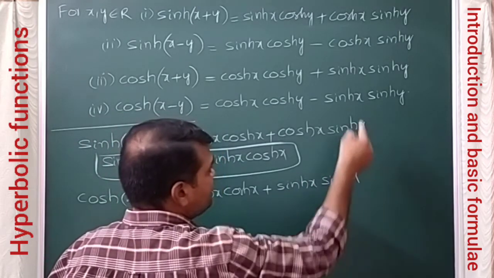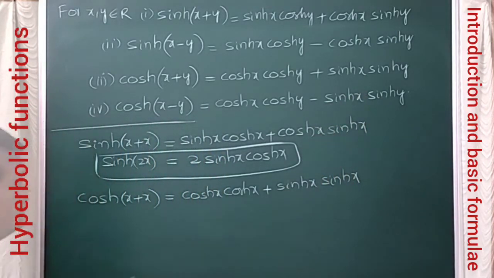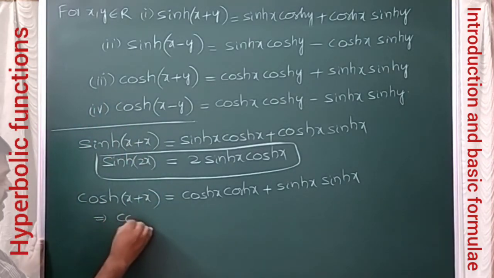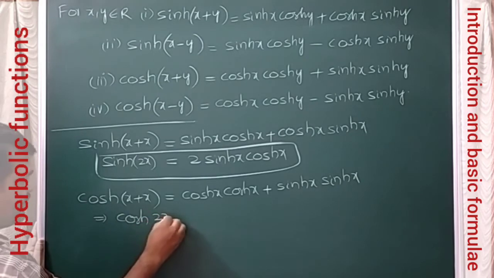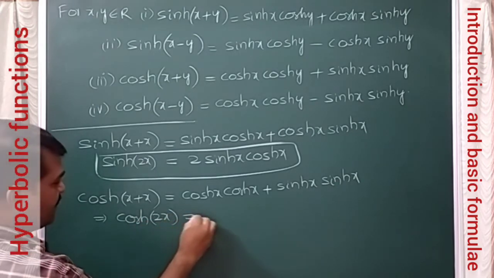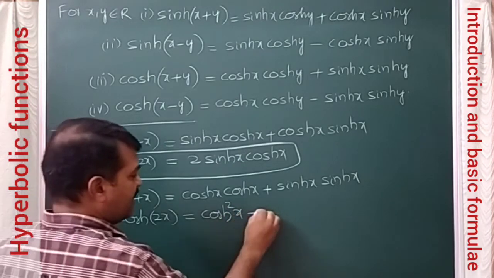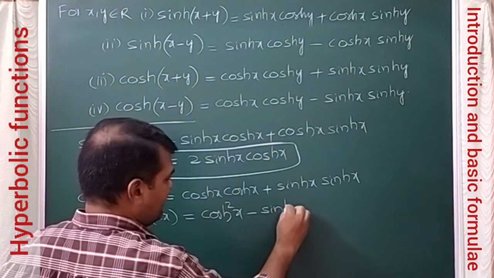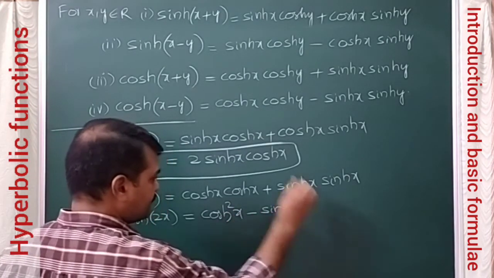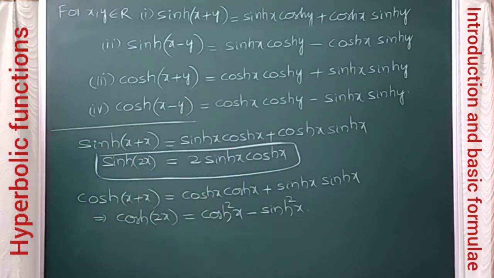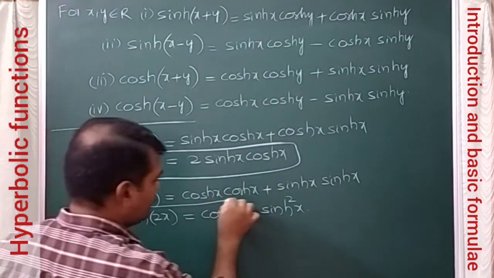If we replace y with x in this third formula, we will get it like this. So the basic formula of cosh of 2x is cosh square x minus sinh square x.